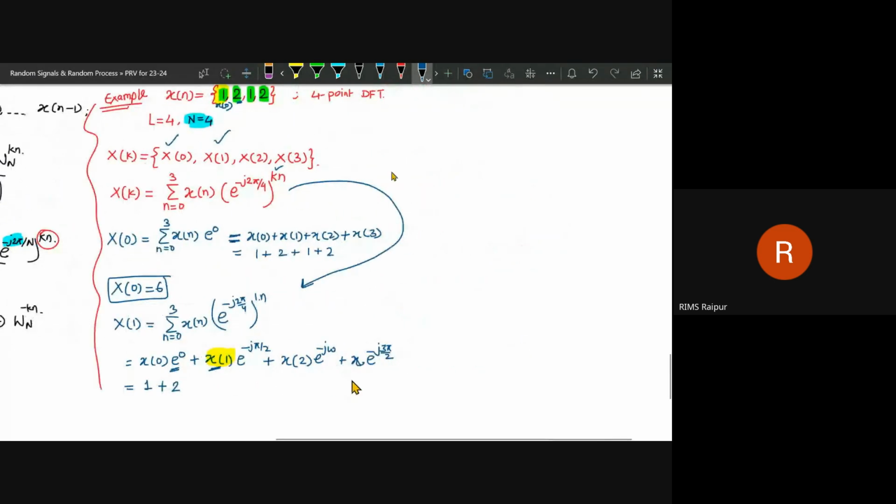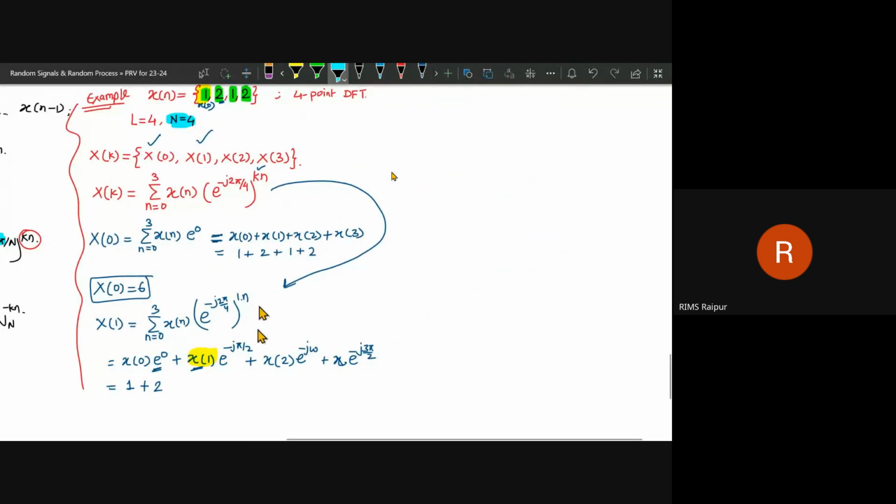Next, in order to find the value of e raised to power minus j pi by 2, how can we find this value? Just remember, e raised to power minus j theta is represented by cos theta minus j sine theta.